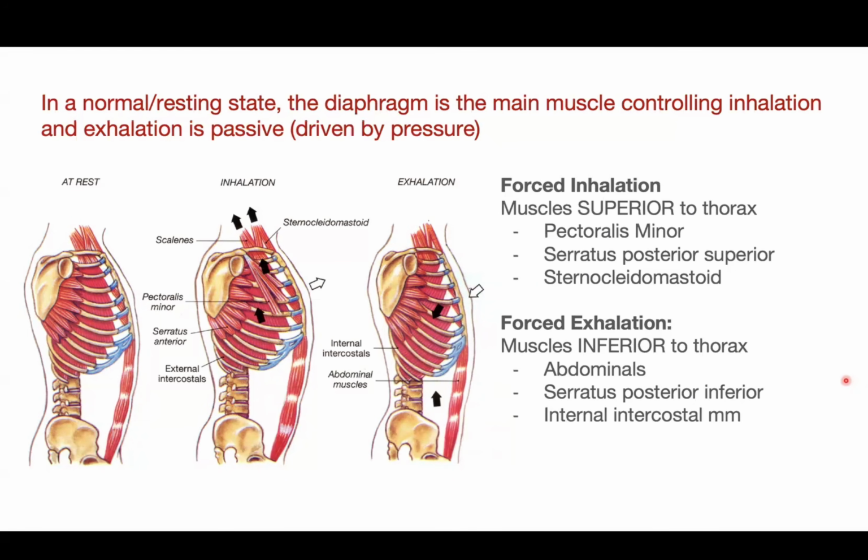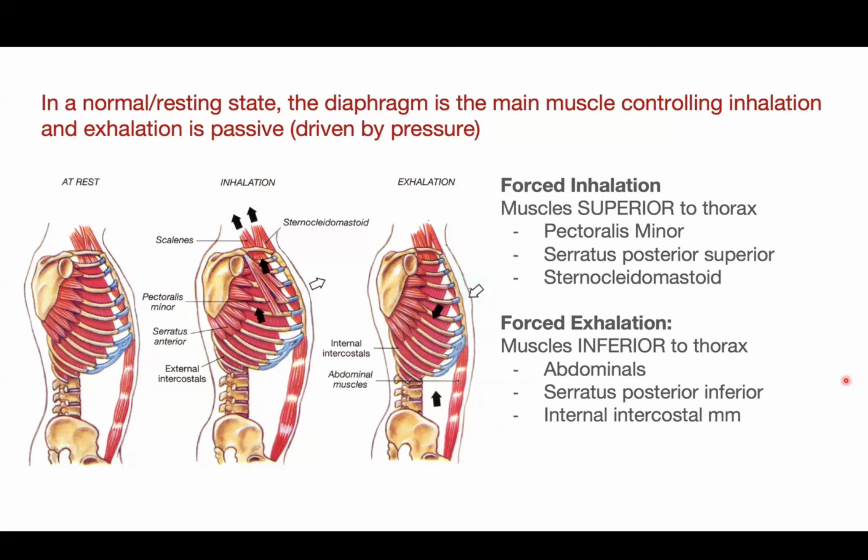Forced exhalation, on the other hand, recruits muscles that are inferior to the thorax. You're going to want to compress the contents of the abdomen and push the diaphragm up, or you're going to want to actively depress the ribcage and pull it inwards. The muscles that do this are all of your abdominal muscles, so think rectus abdominis, obliques, and transversus.